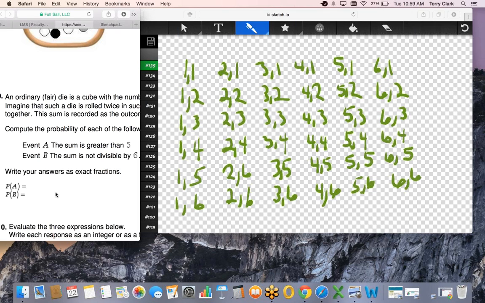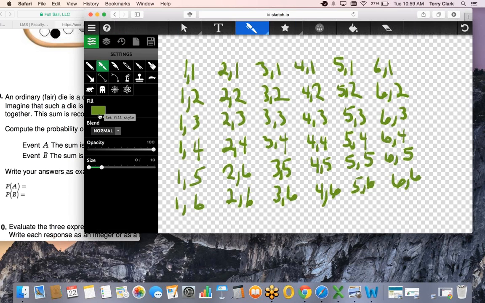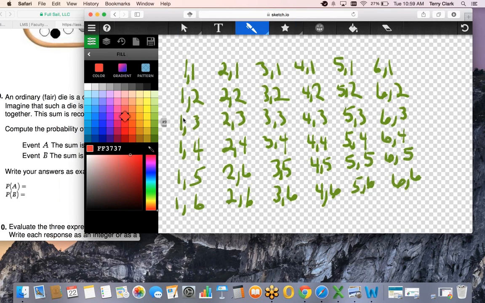Okay, a pattern is going to emerge here. The sums greater than 5 are going to start at a certain place. Let me change the colors here. I'm going to change the colors to red.